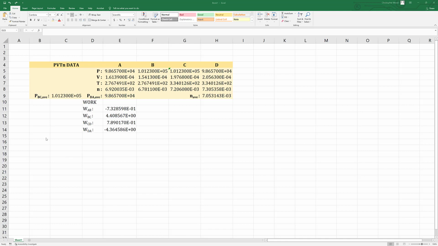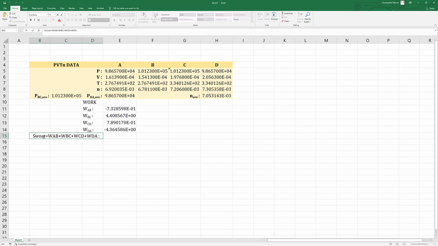Now let's add up all of the work contributions that occurred over this cycle. Let's go ahead and merge these 3 cells. Highlight this cell right here, shift right arrow, and then select merge and center. In this merged cell, type the following: capital S, W net equals WAB plus WBC plus WCD plus WDA, space, colon.